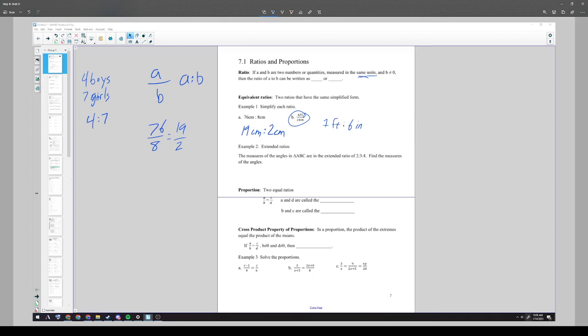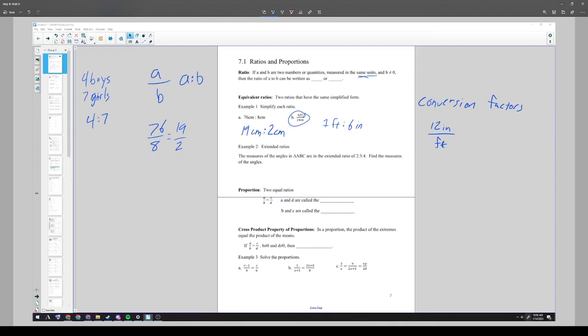But that leads to the thing I wanted to kind of sidetrack to real quick, which is something called conversion factors. Conversion factors are really important ratios that are how we can convert one type of unit into another. So for example, if we want to convert inches to feet, we know that there's 12 inches per foot.